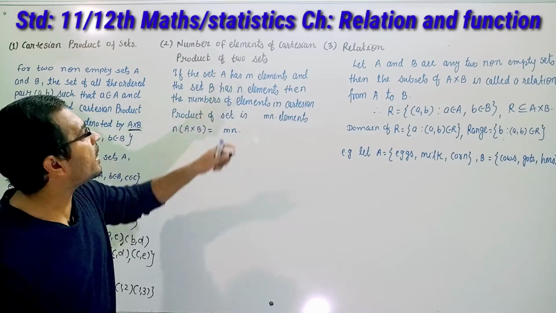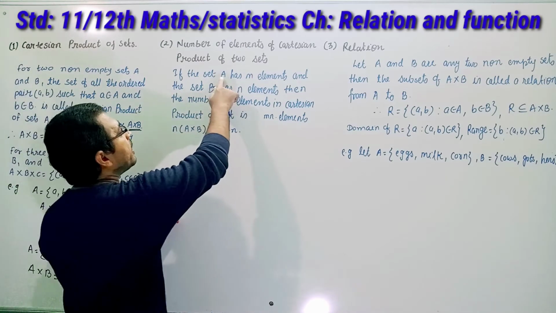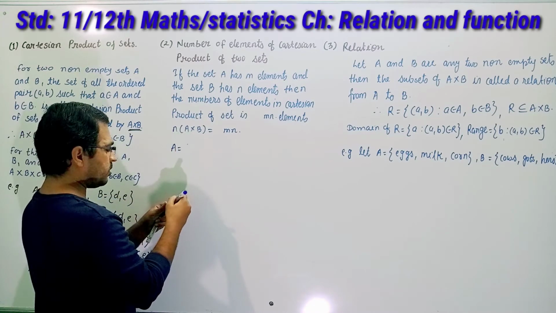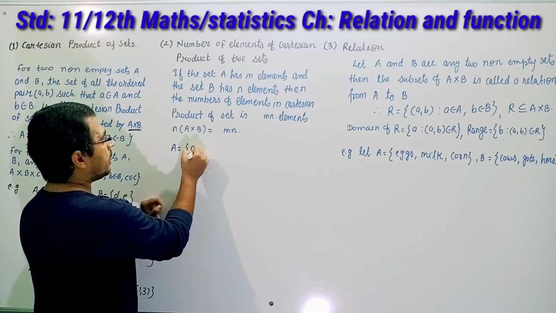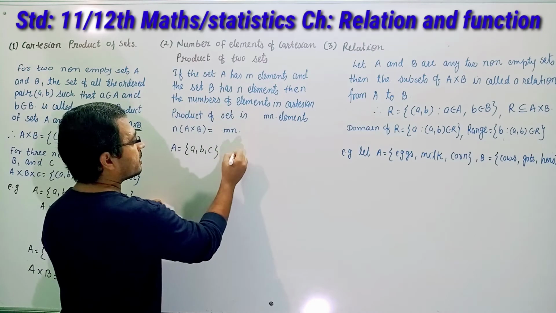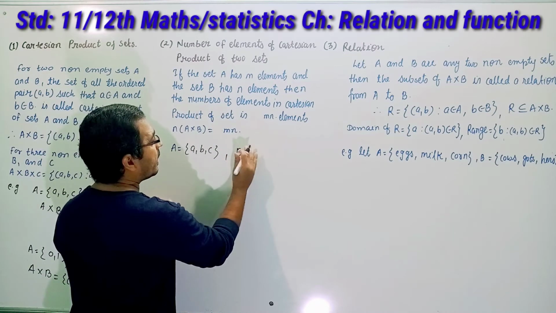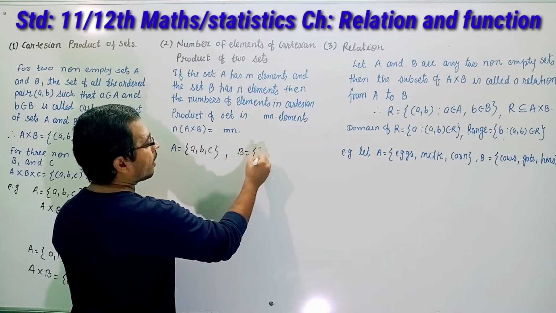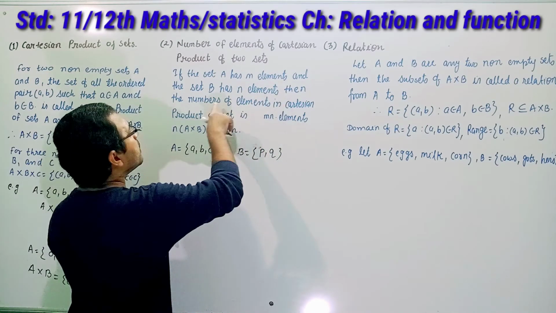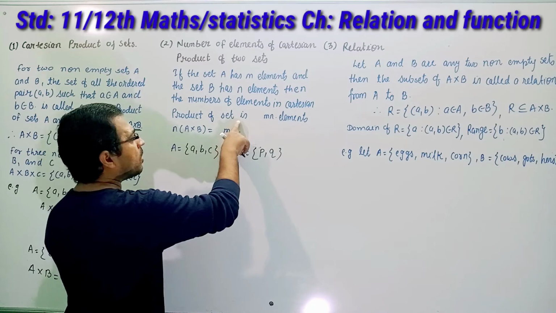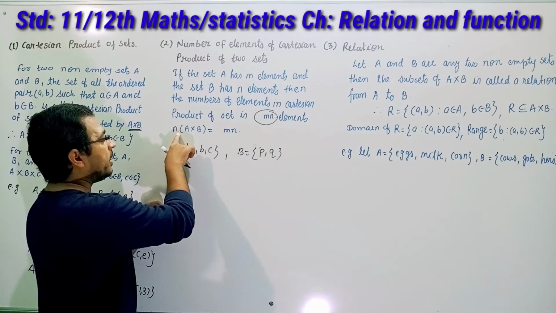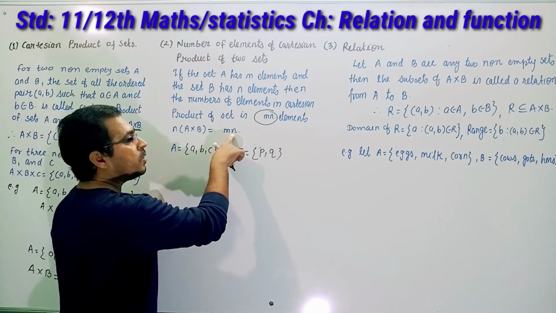Suppose set A has m elements, say A, B and C, and set B has n elements, say P, Q. Then the number of elements in the Cartesian product will be m into n. So we can write n(A cross B) = m × n.